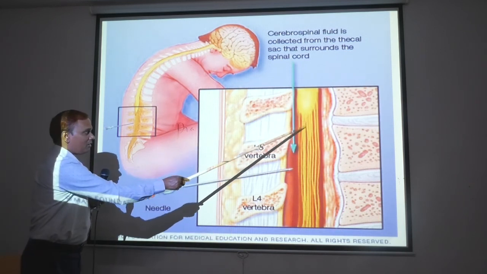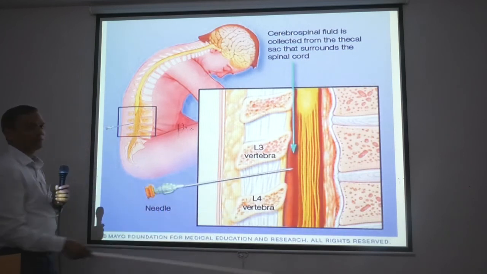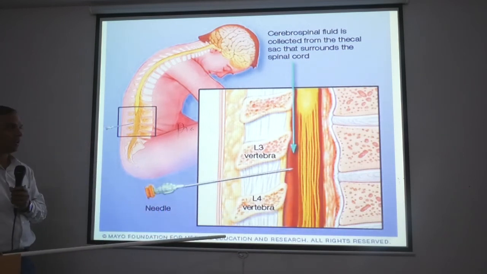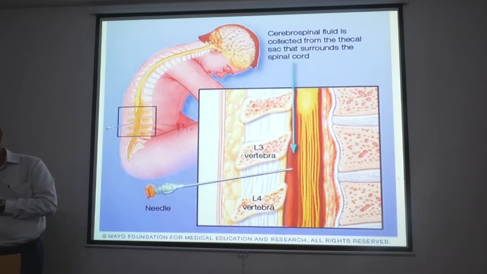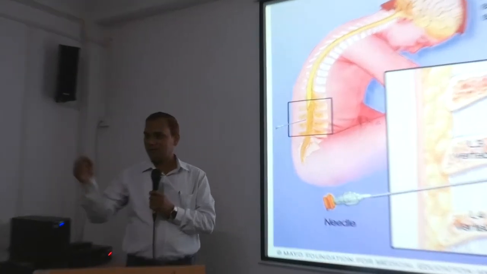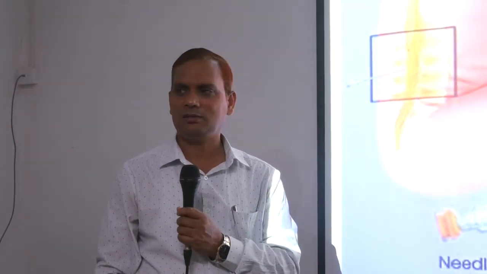At the end of the spinal cord, this tail-like, hair-like structure, what is its name? Cauda equina.